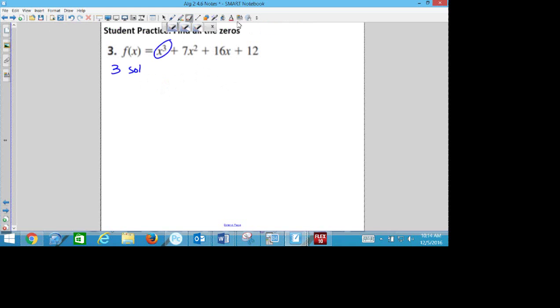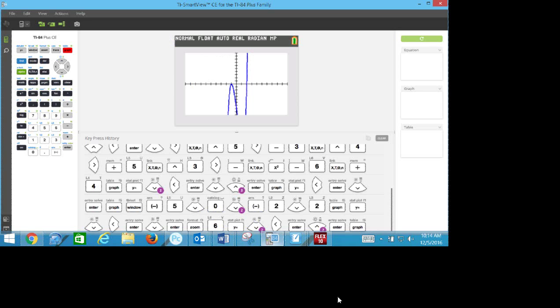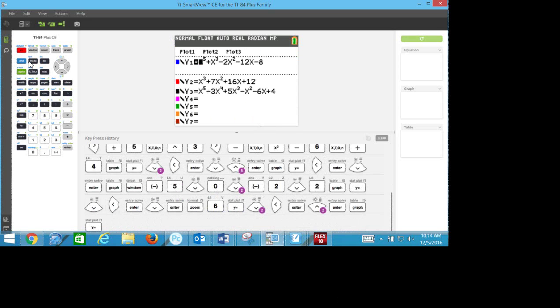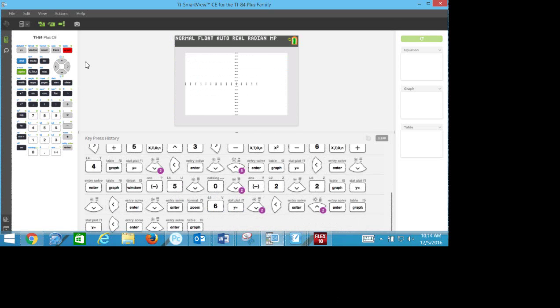Or zeros, I should say zeros. Now, when you graph yours, if you type it in wrong by accident, you can just look at mine and make sure that you didn't type it in wrong.